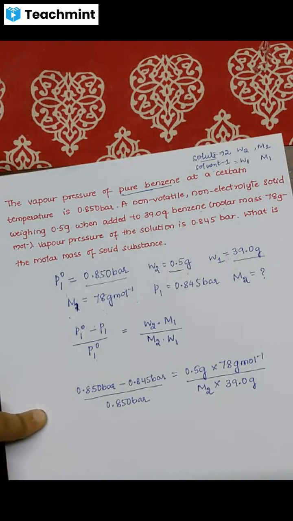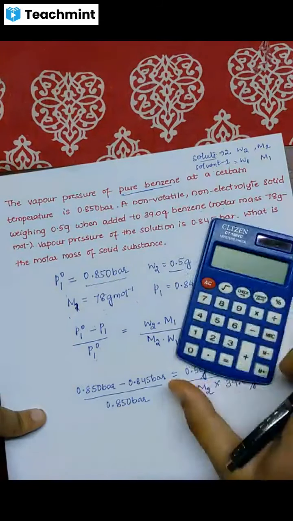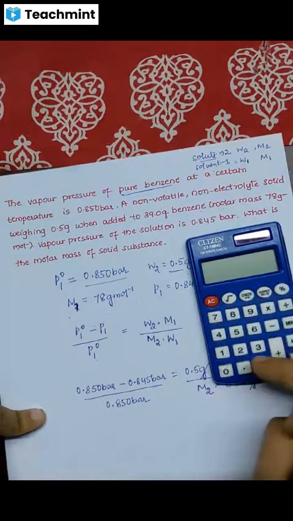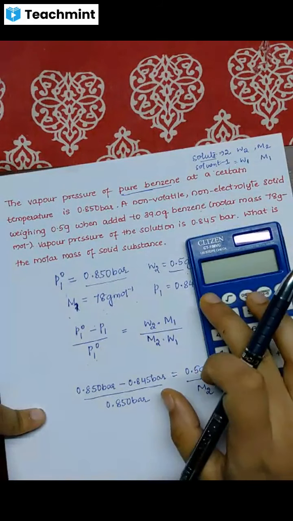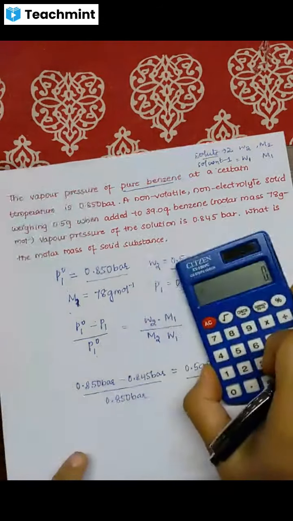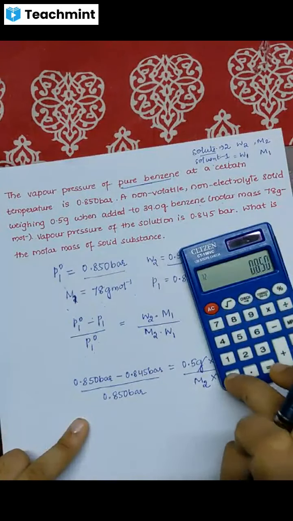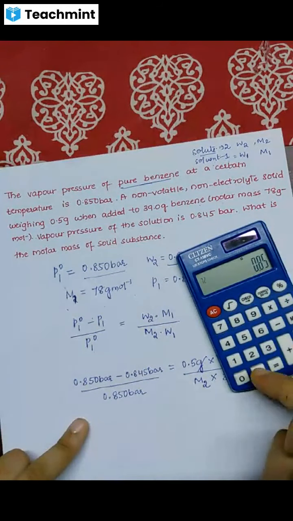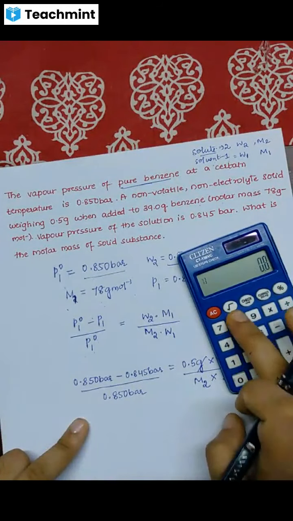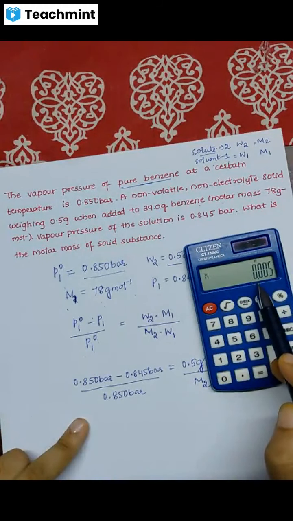So when we have substituted it, we will calculate it. Gram gets cancelled. So we will calculate what is given: 0.850 minus 0.845 equals, what did we get here? 0.005.